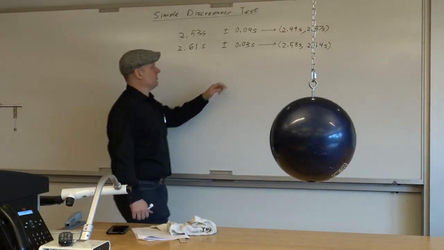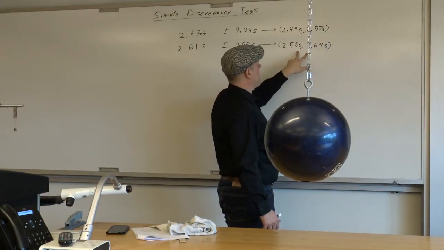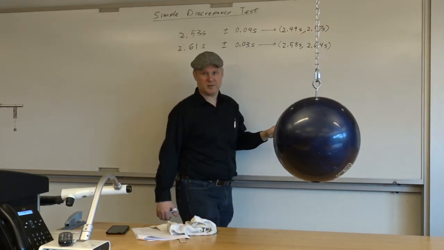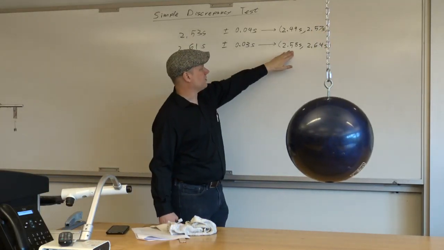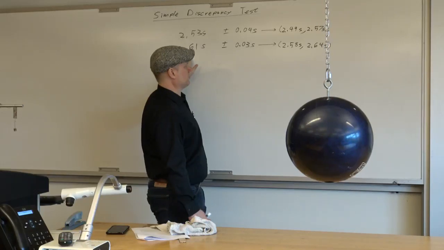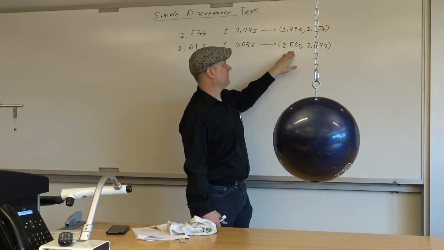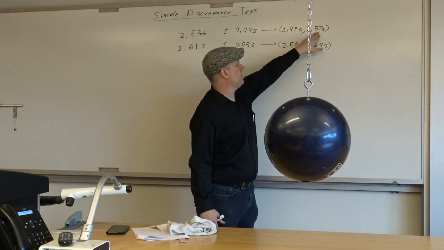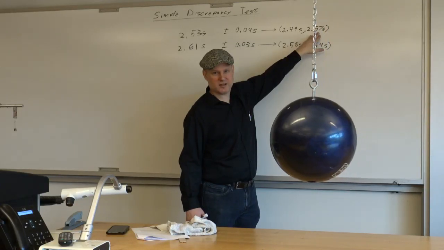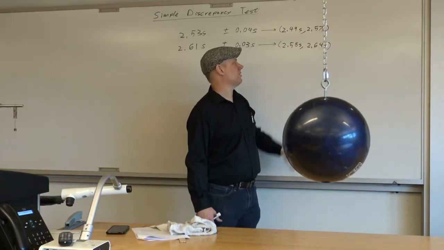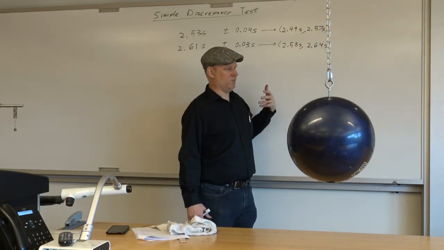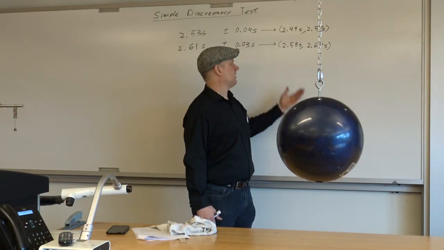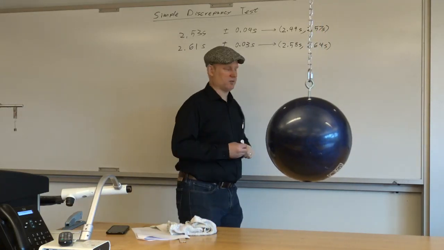It's pretty obvious, though, looking at these two intervals, that there's no overlap between them. The lowest number on the higher measurement is higher in value than the upper bound for the lower measurement. So that makes it pretty clear there's no overlap, and that would make one inclined to think that these two do not agree.